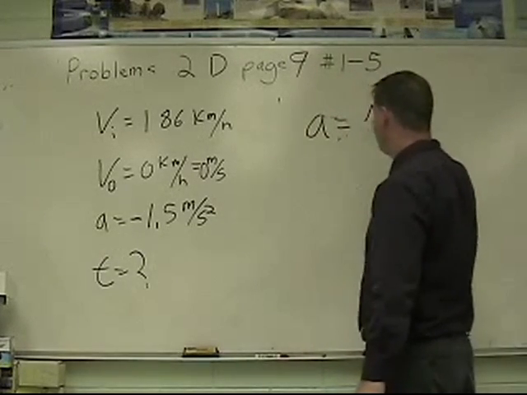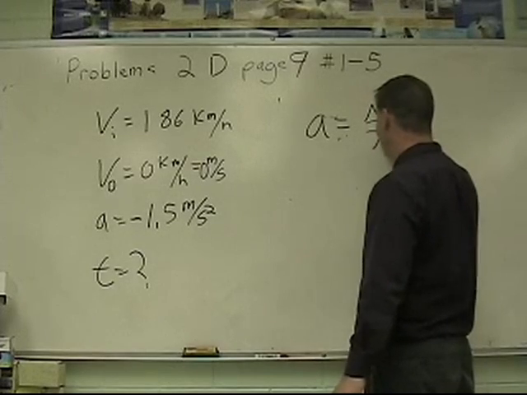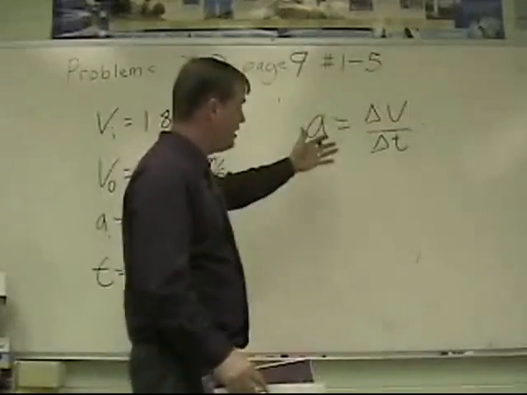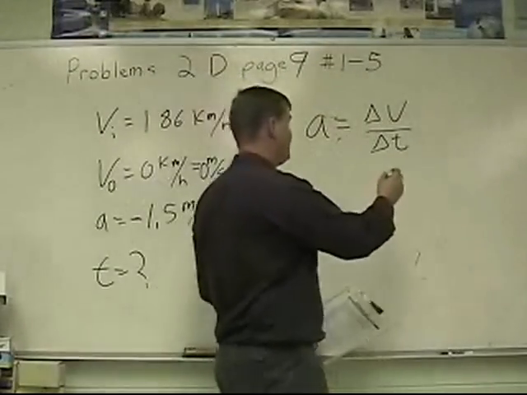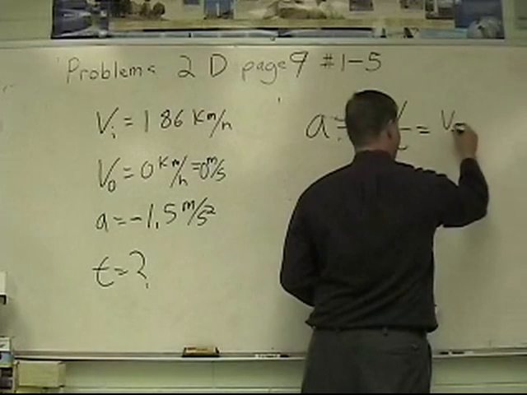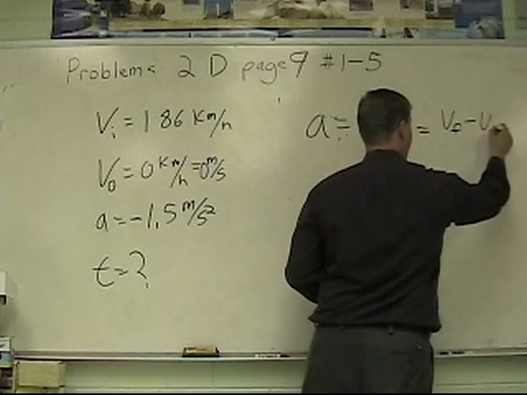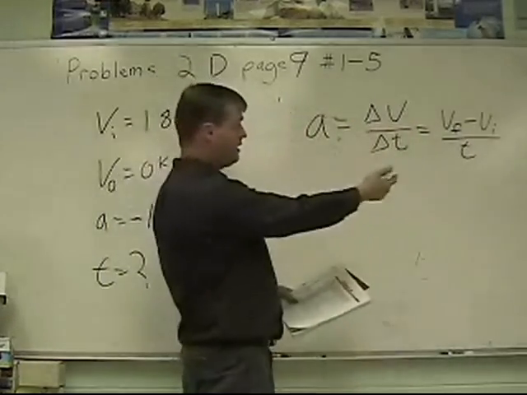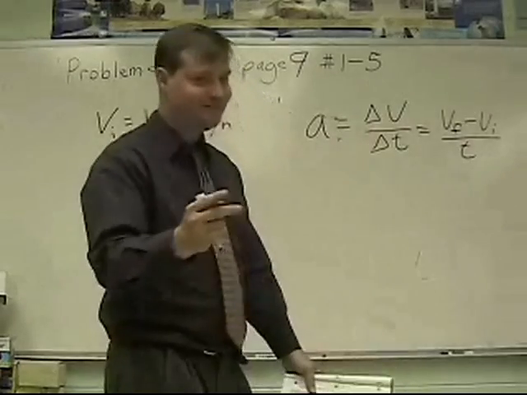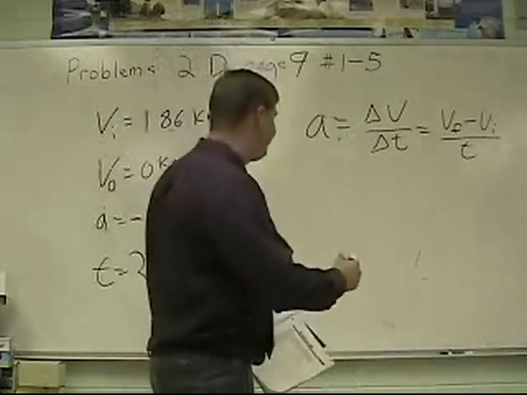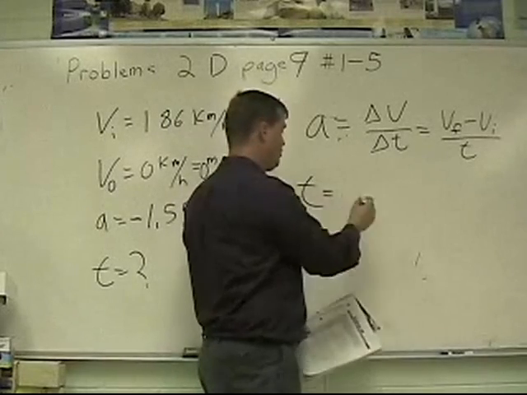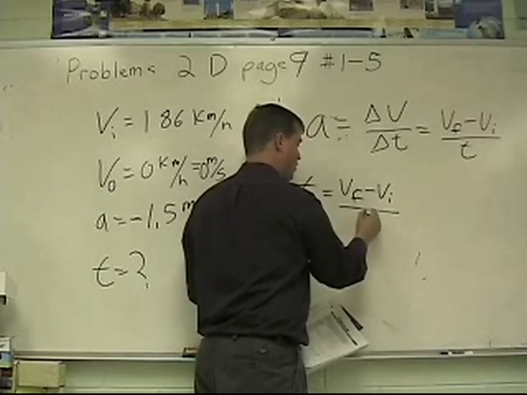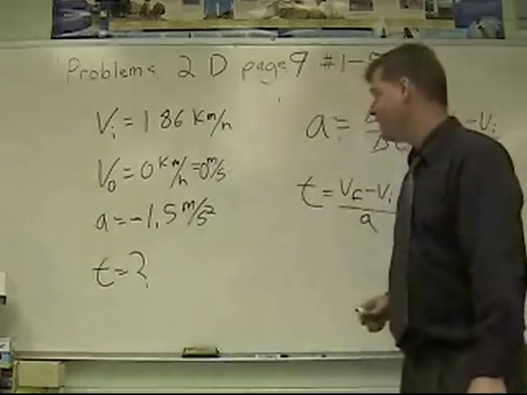Acceleration is equal to delta V over delta T. Our change in velocity is equal to our final velocity minus our initial velocity, over our time. So if we're looking for the time, we use algebra. T is equal to VF minus VI over our acceleration.